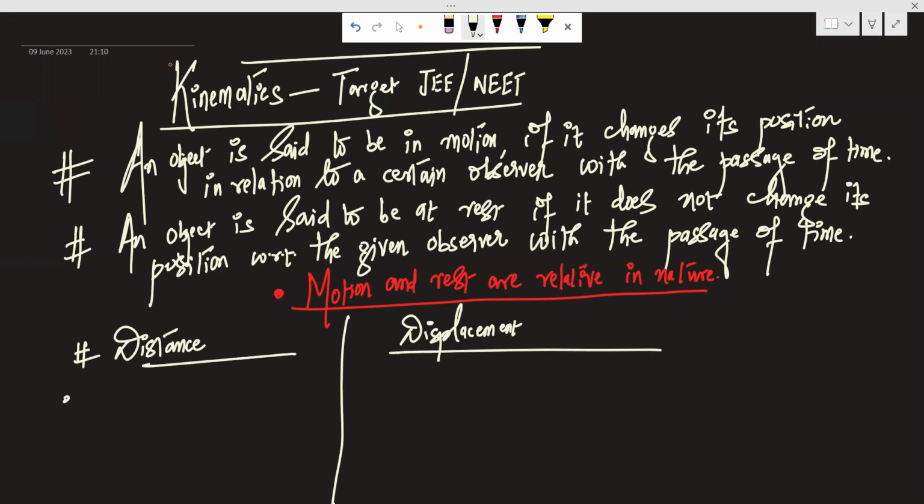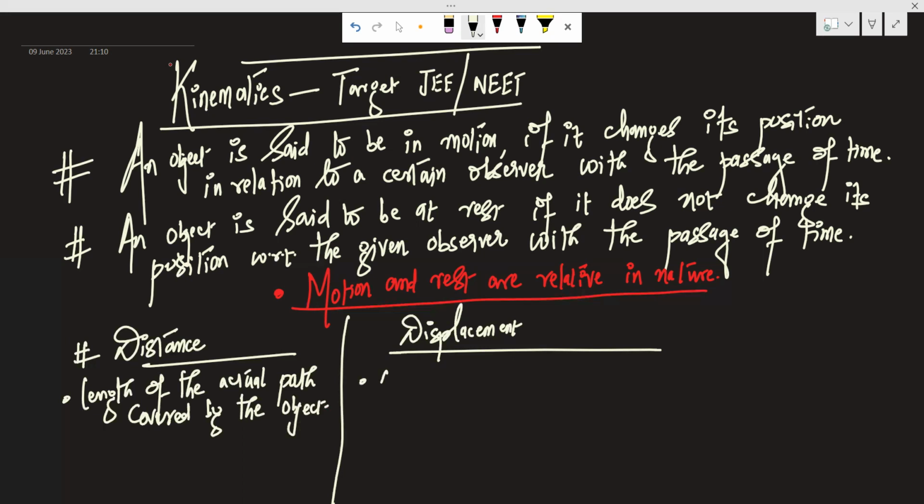Distance refers to the length of the actual path covered by the object in a given time interval between two points. What is displacement? Net change in position of the object.